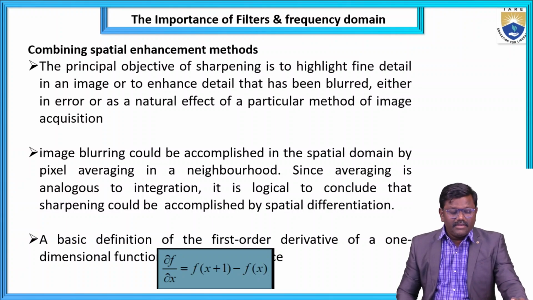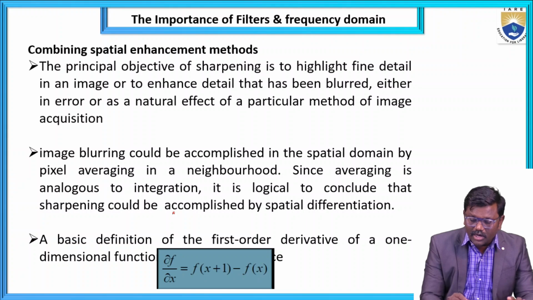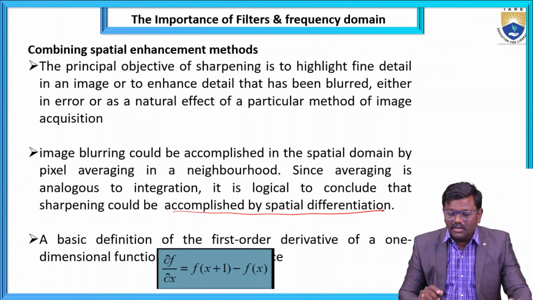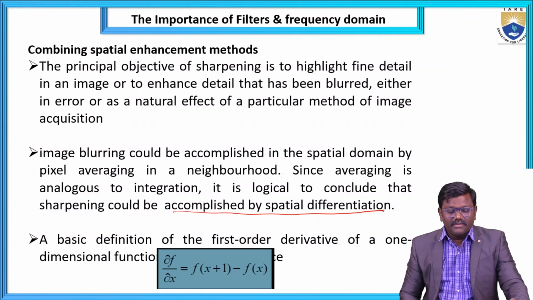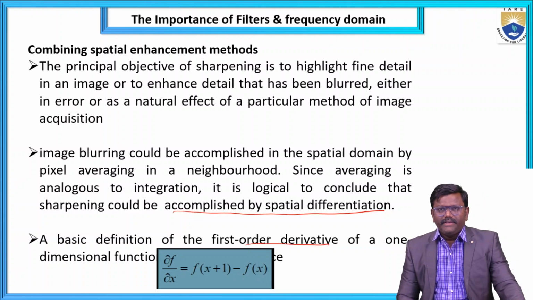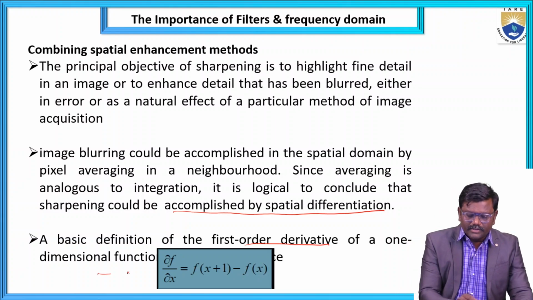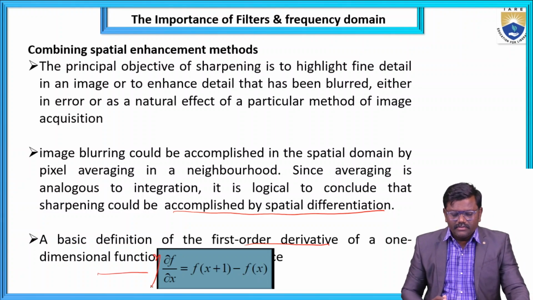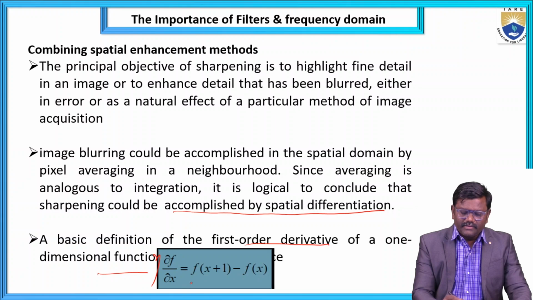Since averaging is analogous to integration, it is logical to conclude that sharpening should be accomplished by spatial differentiation. The basic definition of the first order derivative of a one-dimensional function is ∂f/∂x = f(x+1) − f(x).